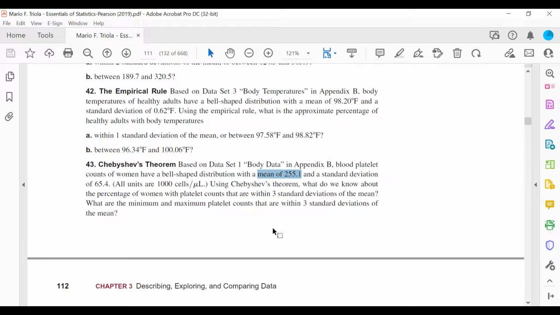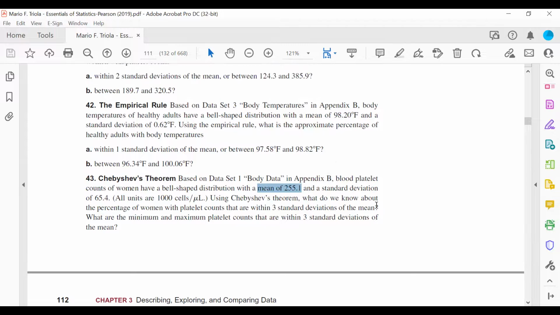So my mean is 255.1. And it also says that the standard deviation is 65.4. And this is on page, sorry, I forgot to tell you, page 111.